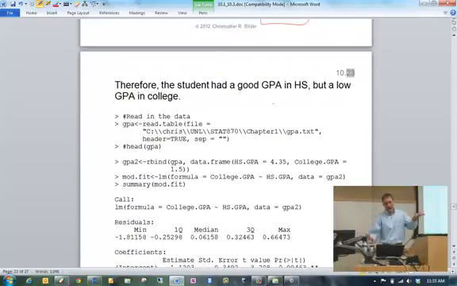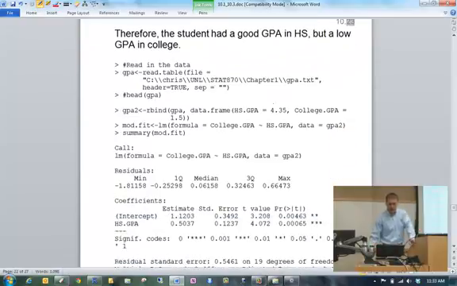So first of all, how do you add the observation to the data set? Just to make sure this is clear, I read in my original data, and then I use the rbind function, which I believe we've seen before, which says combine by row. So I'm going to take my original GPA data set, and now I'm going to put my new observation right below it. So I have a new data frame listed there. That's what rbind means.